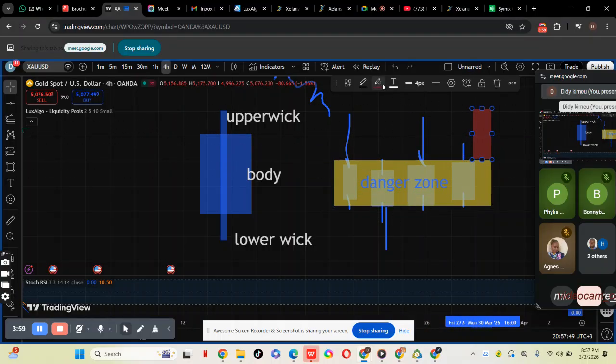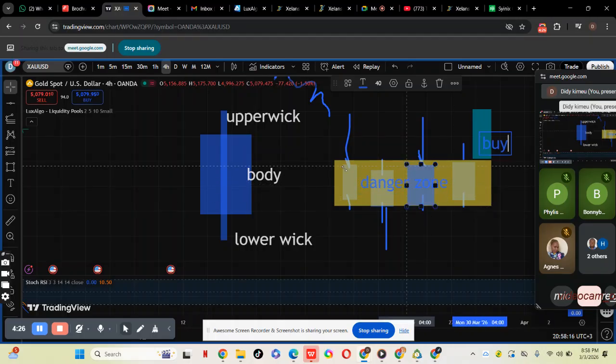The candle does not just close anyhow. The candle must close with a body, not the wick. Don't look at the wicks at this level. Look at the body again. Once the candle closes above the consolidation with a body, that's a nice opportunity for us to do a buy.